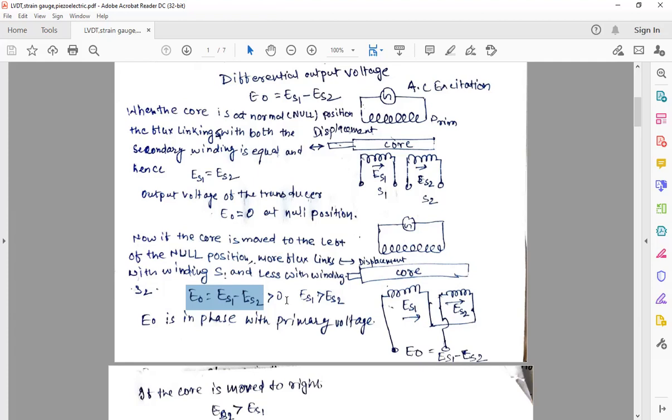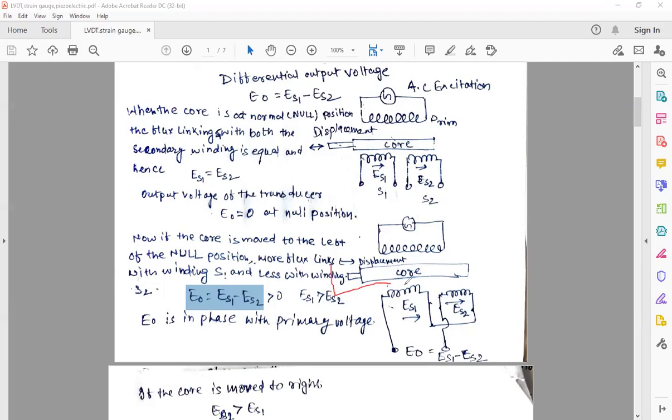Okay, so suppose the transformer core is moved extremely left. So what happened? Suppose it's not linked with the second winding S2. What happens? Just wait.